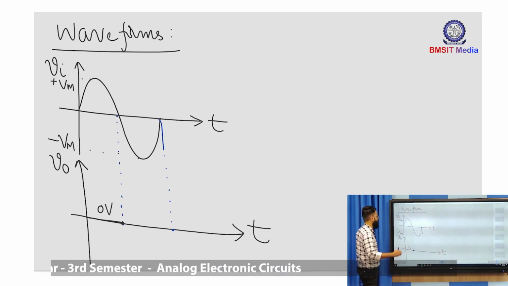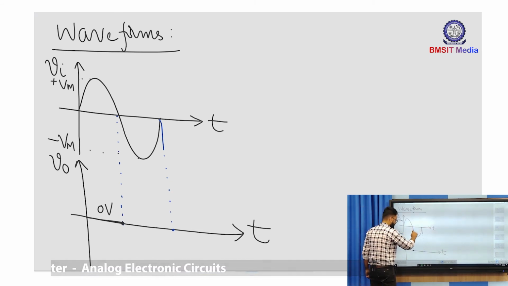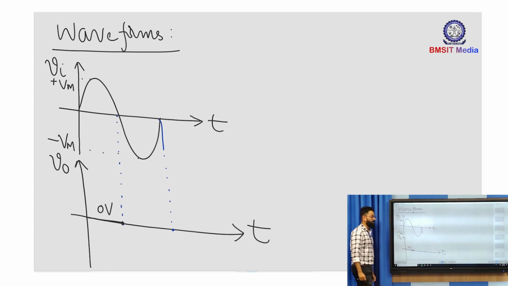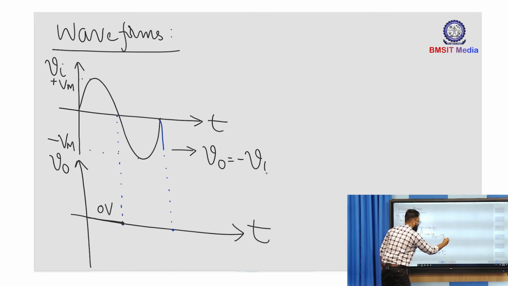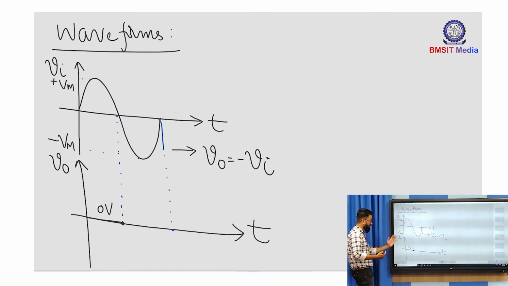On the other hand, when we look at the analysis of the circuit during the negative half cycle of the input, we had obtained output V0 as minus Vi. So minus Vi as in the negative half cycle of the output. So the output is nothing but the negative half cycle of the input.